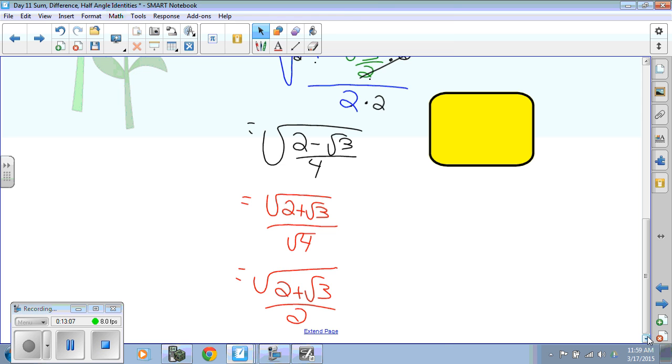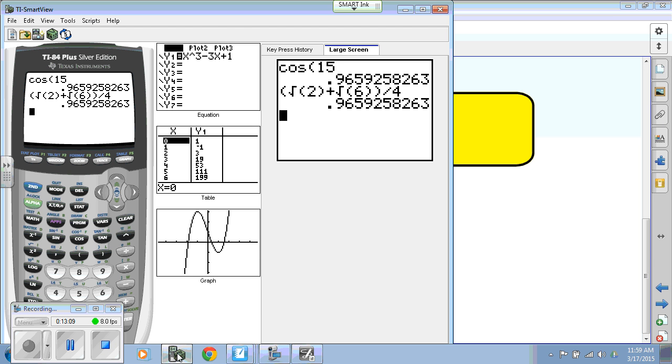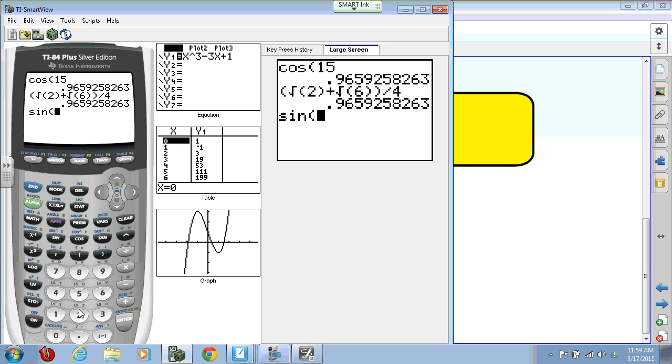So now we know a couple things. We're looking for sine of 15. We know that, oh, that's our decimal. Now let's take a look at what our answer is. We have the square root of 2 plus radical 3, all divided by 2.